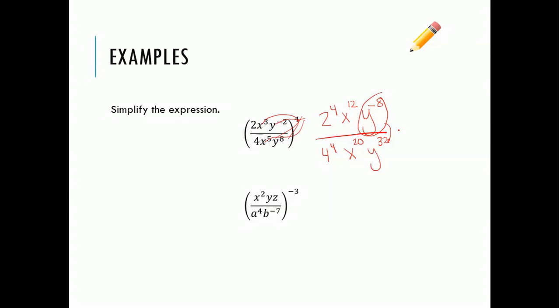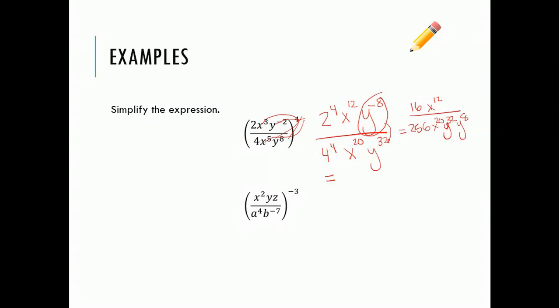Okay, y to the -8, he's going to move to the bottom. 2 to the 4th, I know that's 16. And then I saw this x to the 12th up here. 4 to the 4th, that's 256. x to the 20th, y to the 32nd. Now I have also y to the 8th down there, right? Because I moved him to the bottom because he had a negative exponent.